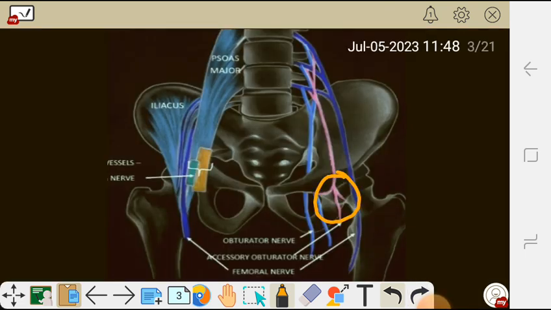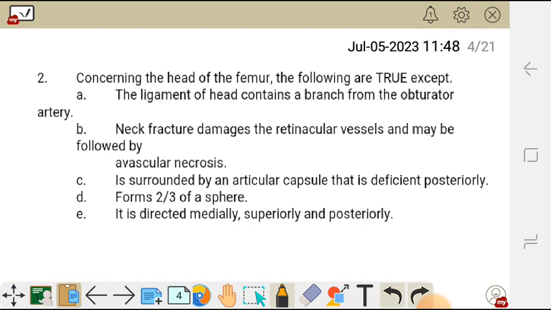We move on to question 2. Question 2 reads, concerning the head of the femur, the following are true except A. The ligament of the head contains a branch from the obturator artery. B. Neck fracture damages the retinacular vessels and may be followed by avascular necrosis.